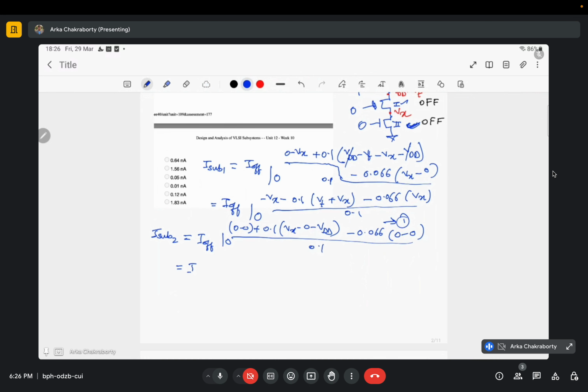So it would become I0 into 10 to the power, VDD is 1 here, therefore 0.1 Vx minus 0.1, divided by 0.1. We call it equation number 2.